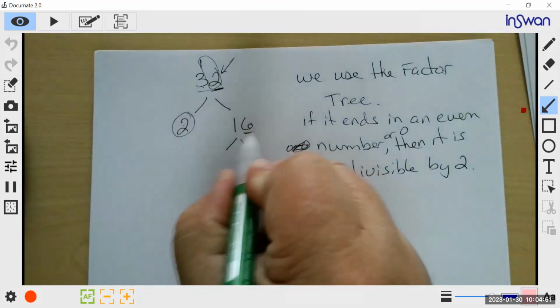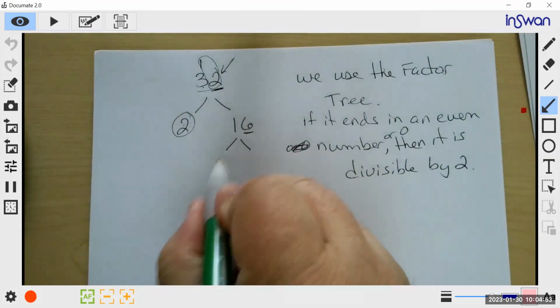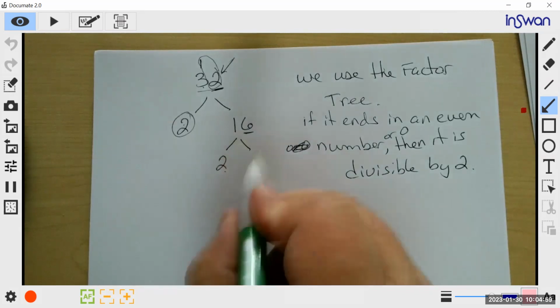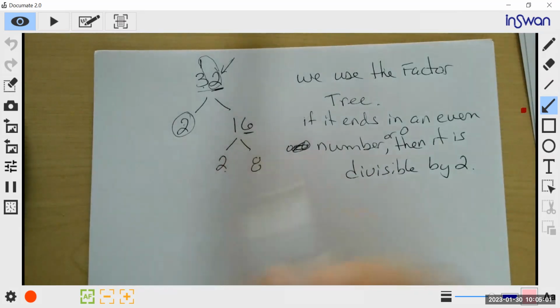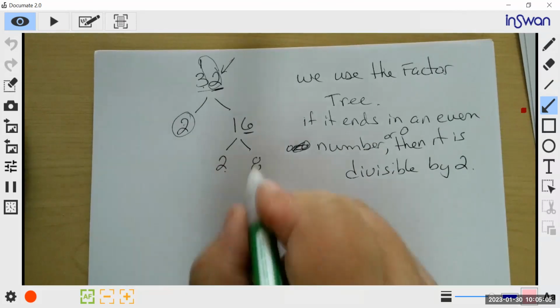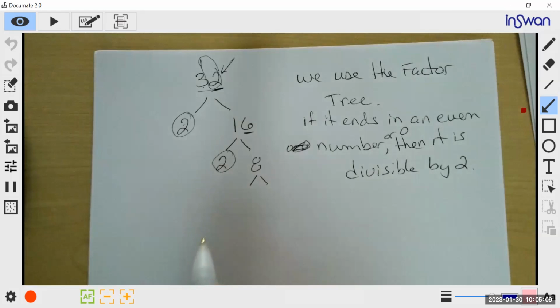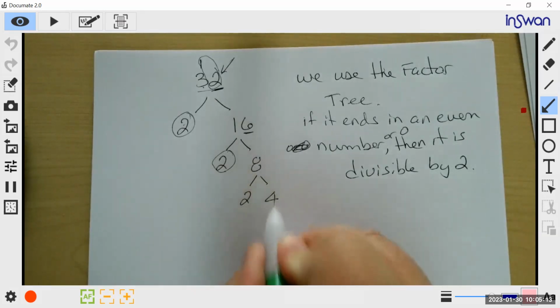It ends in a 6, which is an even number, so 2 goes in there again. How many times does 2 go into 16? 8 times. 2 is a prime number. 8 is a composite or compound number. 8 is made up of 2 times 4. 4 is made up of 2 times 2.